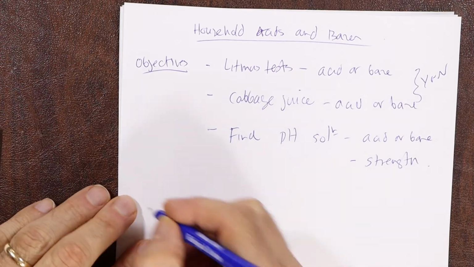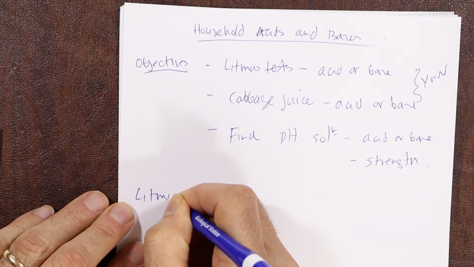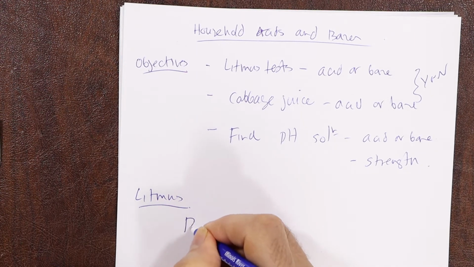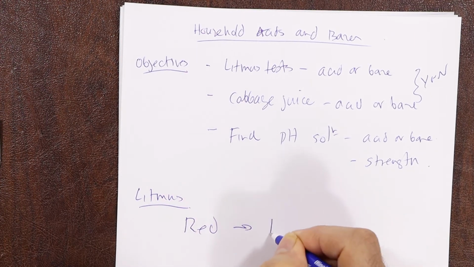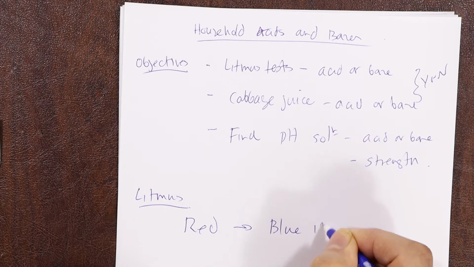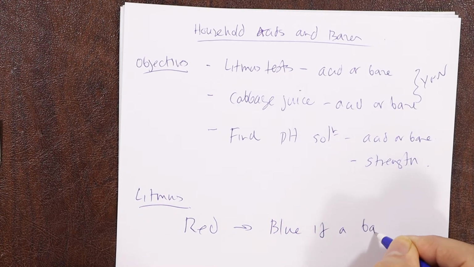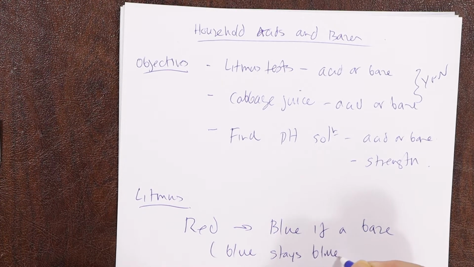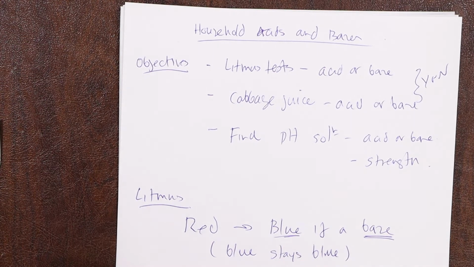Simple one first, litmus. Real simple. Red turns blue if a base, or blue stays blue. There are two types of litmus paper, red and blue. A nice way to think about it: if it's a base, it turns blue or stays blue.